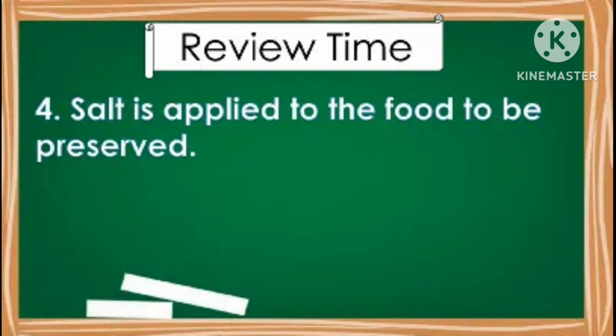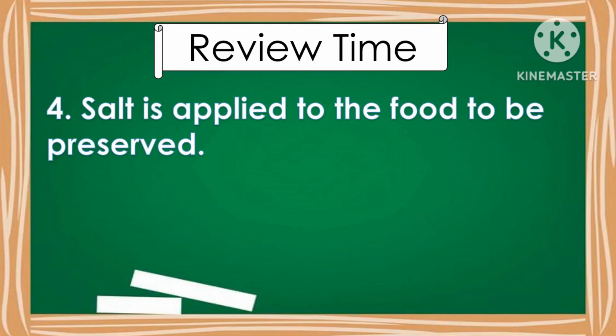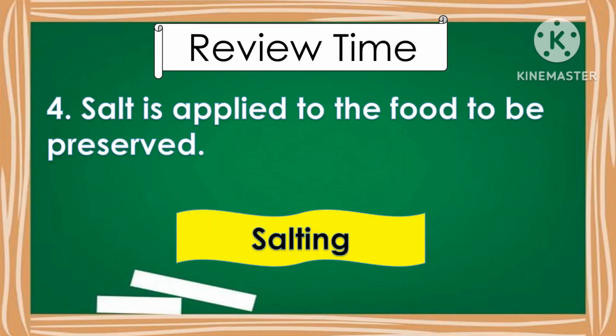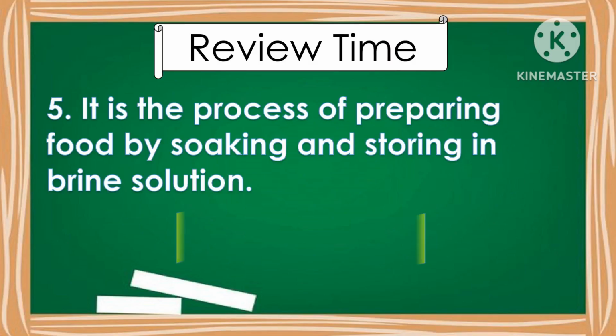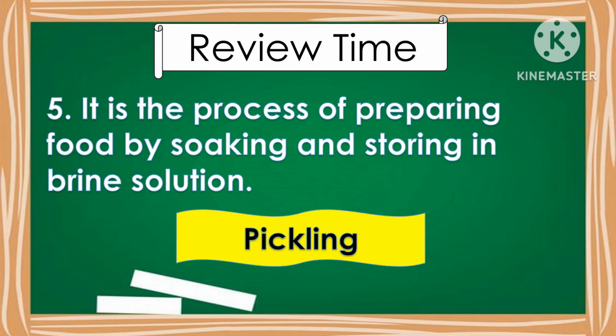What method is that? If your answer is salting, then you are correct. And number 5, it is the process of preparing food by soaking and storing in brine solution. What method is that? If your answer is pickling, then you are correct.